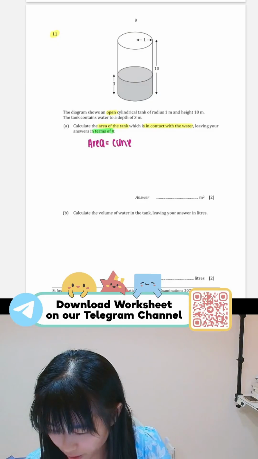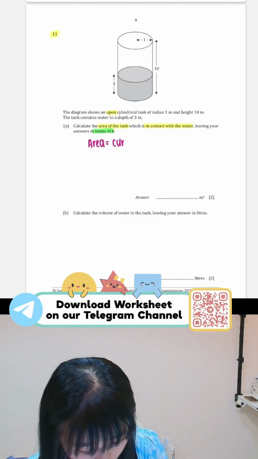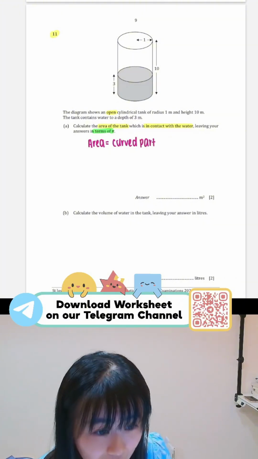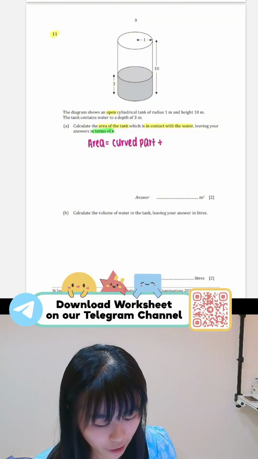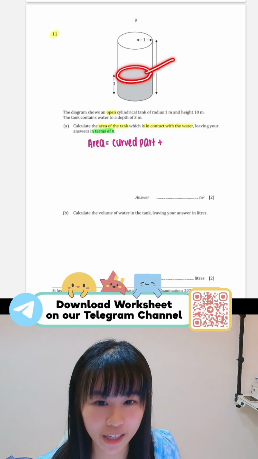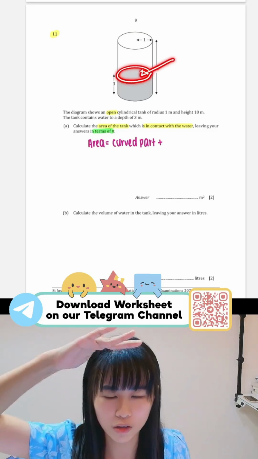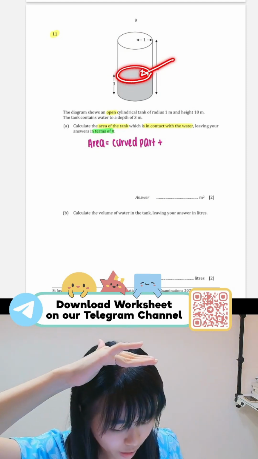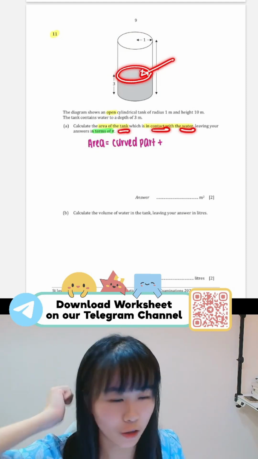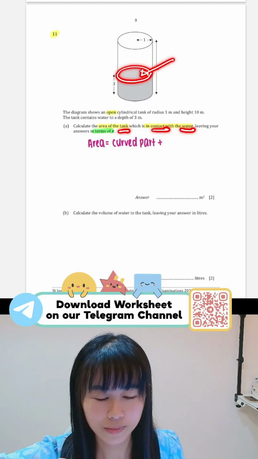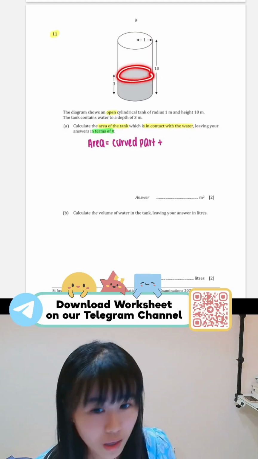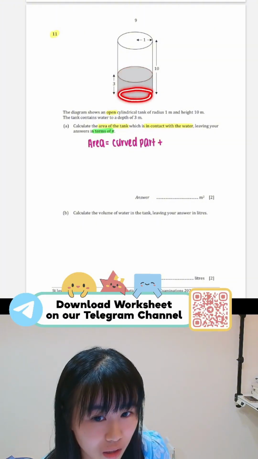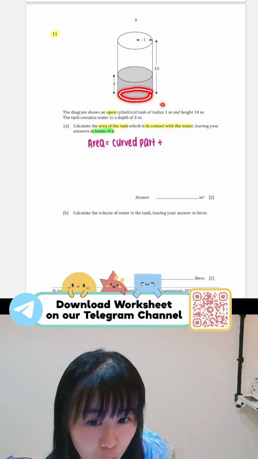It must be that curved part plus what, everybody? Does the top part of the water have contact with the tank or not? No. But at the bottom, do you agree that the water is in contact with the tank?